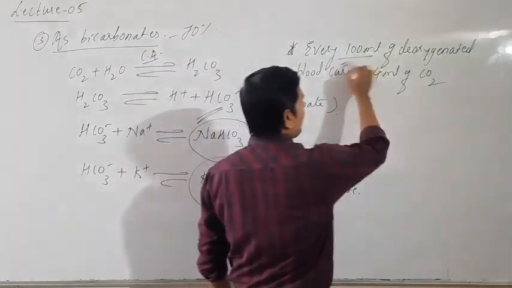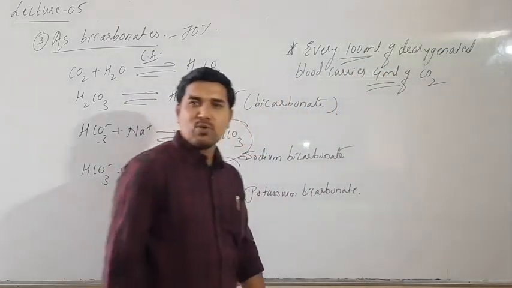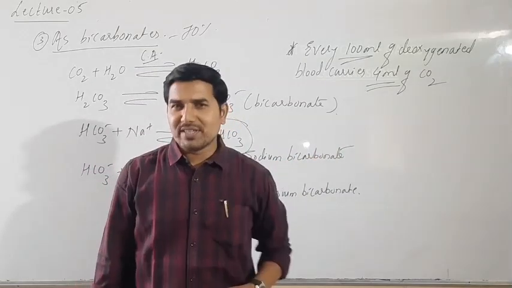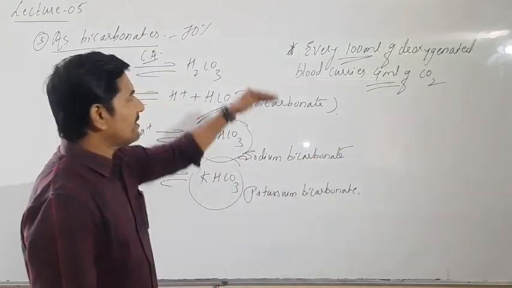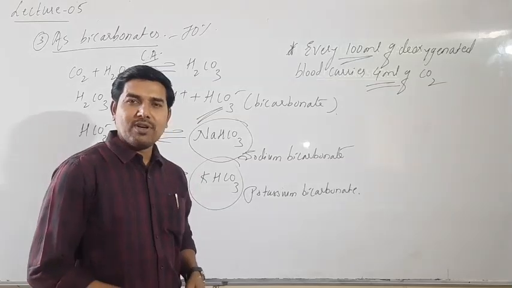So 100 ml of blood will carry how much? 4 ml of CO2 to the lungs, which we have already discussed in the previous session also. So this is regarding the transport of carbon dioxide.